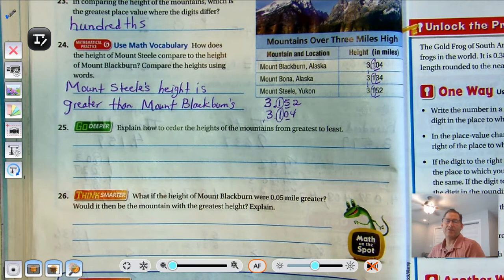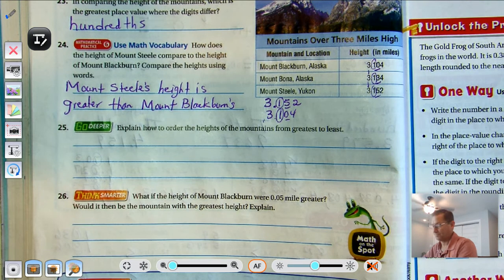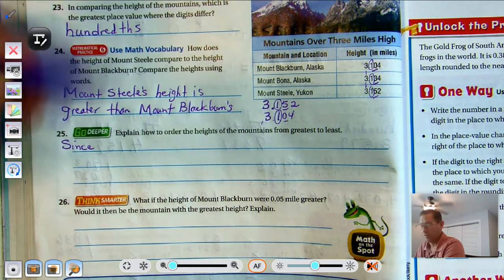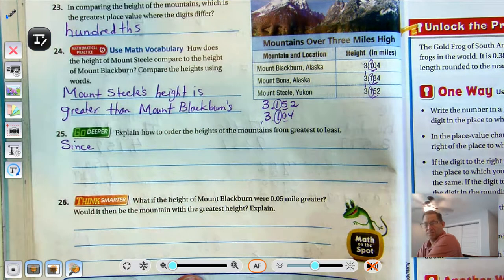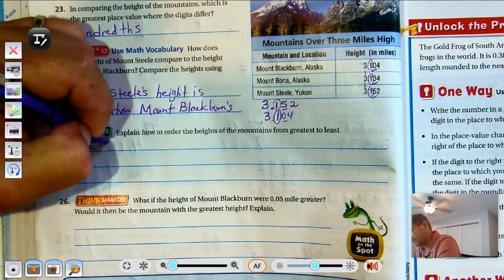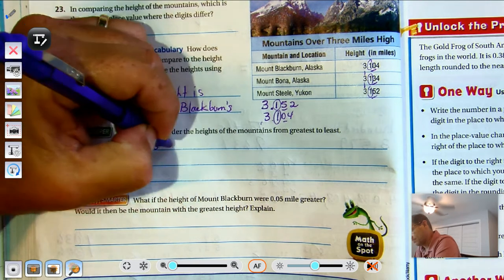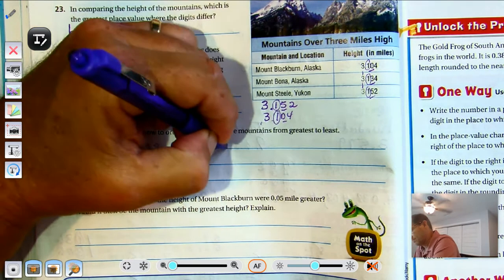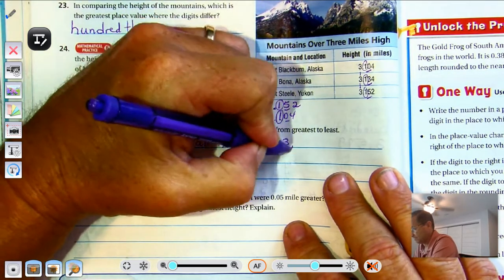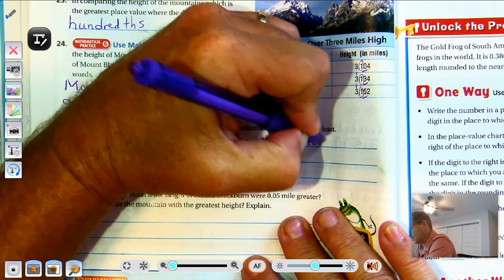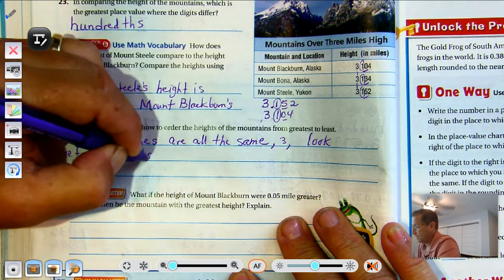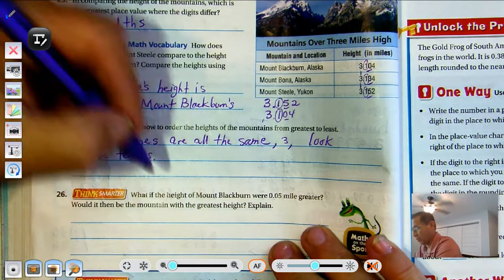25. Explain how to order the heights of the mountains from greatest to least. Well, we go from the largest place value to the smallest place value. So since the ones are all the same, we would look at the digit to the right. Okay, when we looked at the tenths, they were all ones.